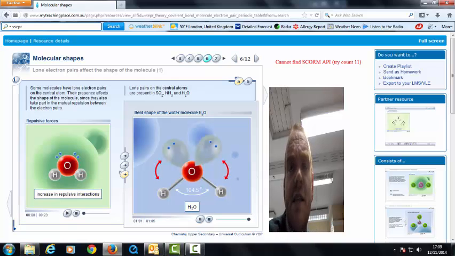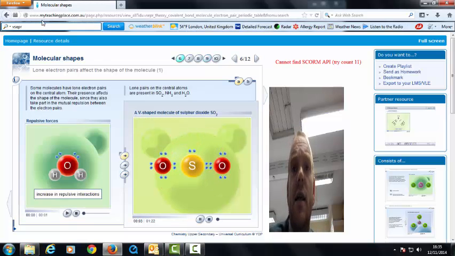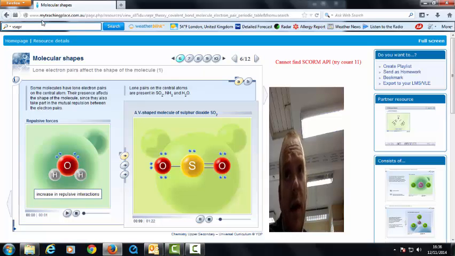So I've got extra repulsion because I've now got two lone pairs rather than just one. The second important thing to note is which part of the molecule is actually having the most repulsion. We can look at an example of SO2 here. Within the SO2 molecule, I've got one lone pair on my sulfur.